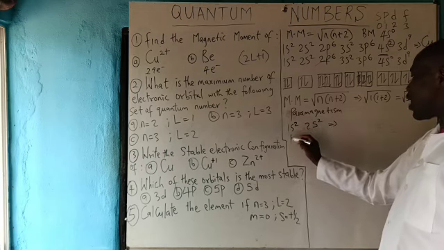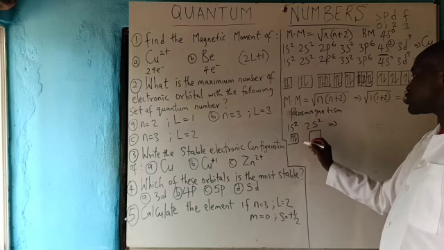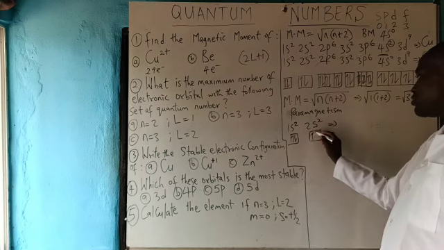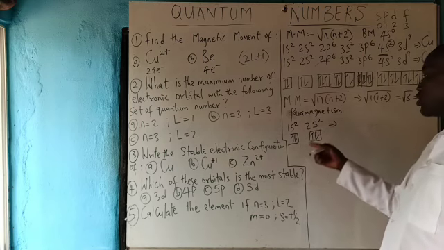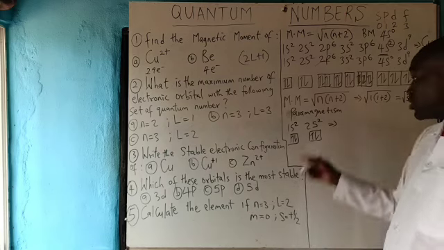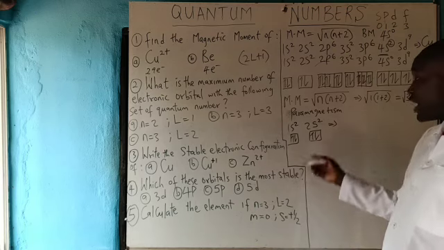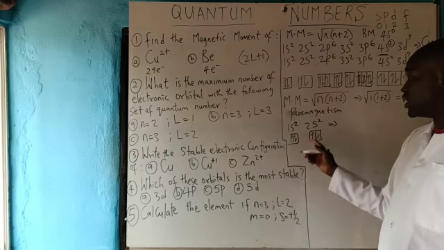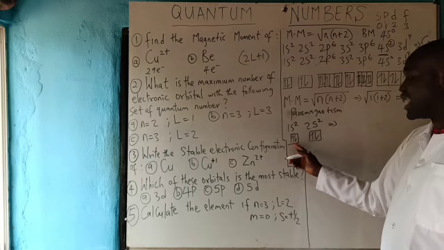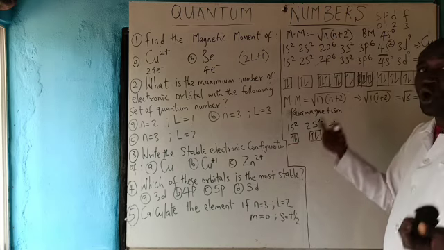So this is one orbital, and this will be paired because it's filled. So this is paired, this is paired. How many unpaired orbitals does it have? No. Everything is paired. The spins there are paired. So no orbital is unpaired.